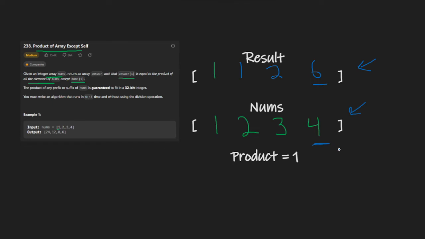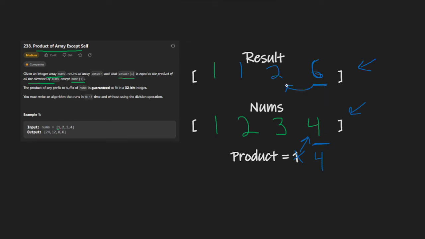We multiply the result by the product. So 6 times 1 is still 6, and then we update the product by multiplying by the number in the input array. So 1 times 4, the product is now 4, right?